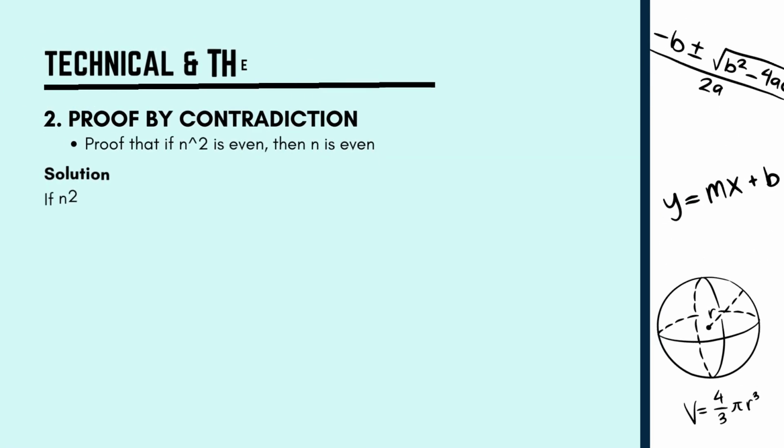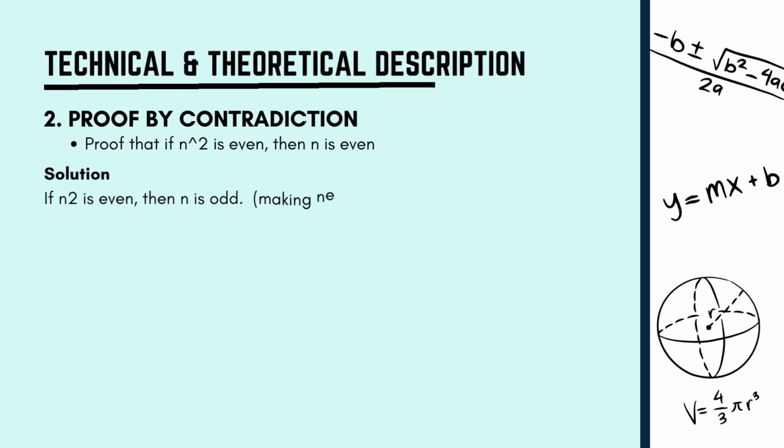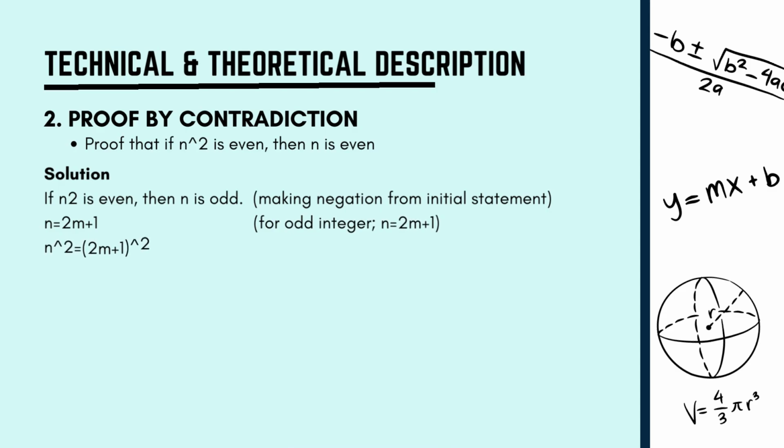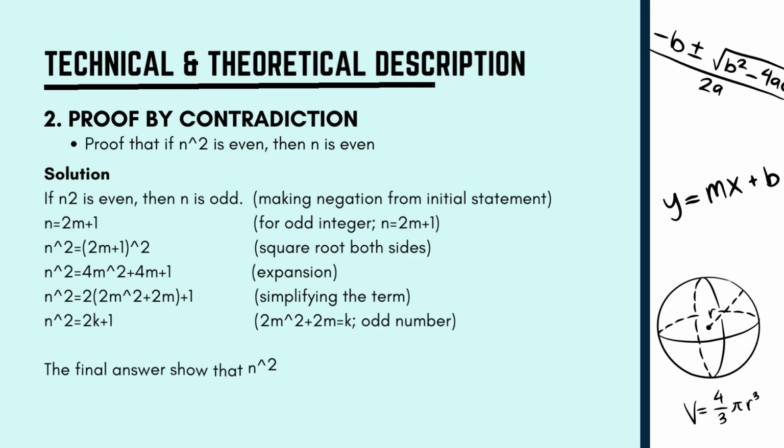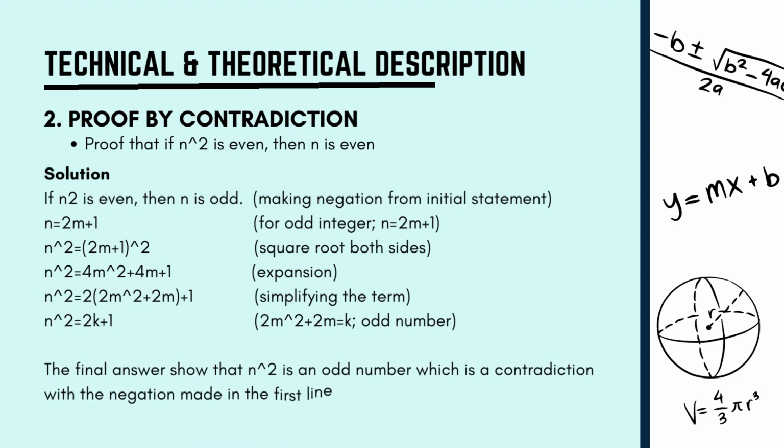Next, I will go to proof by contradiction, which proves that if n power of 2 is even, then n is even. For the solution, suppose n squared is even, then n is odd, making the negation of the initial statement. n equals 2m plus 1, for an odd integer. After that, n power of 2 equals in brackets 2m plus 1 power of 2.